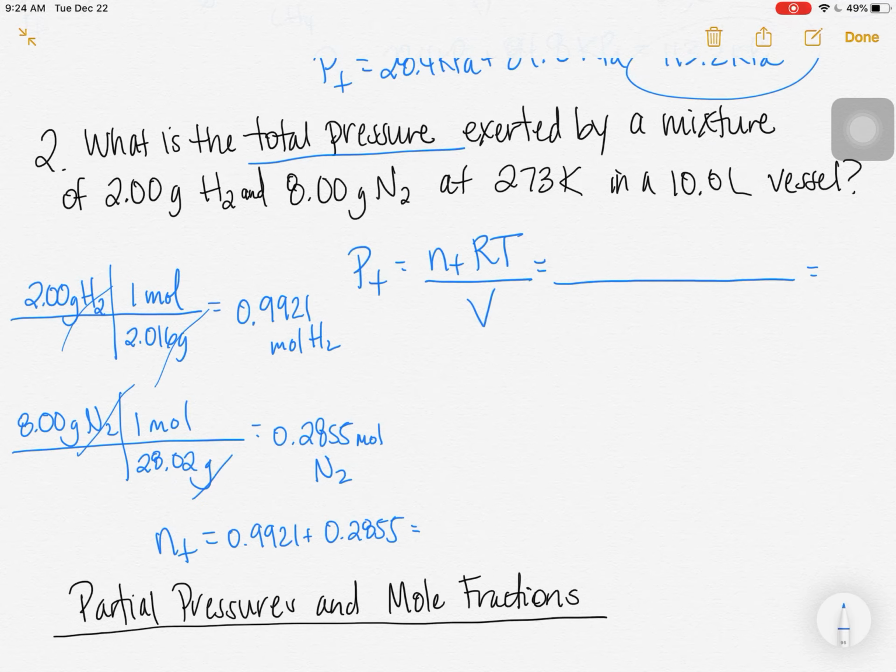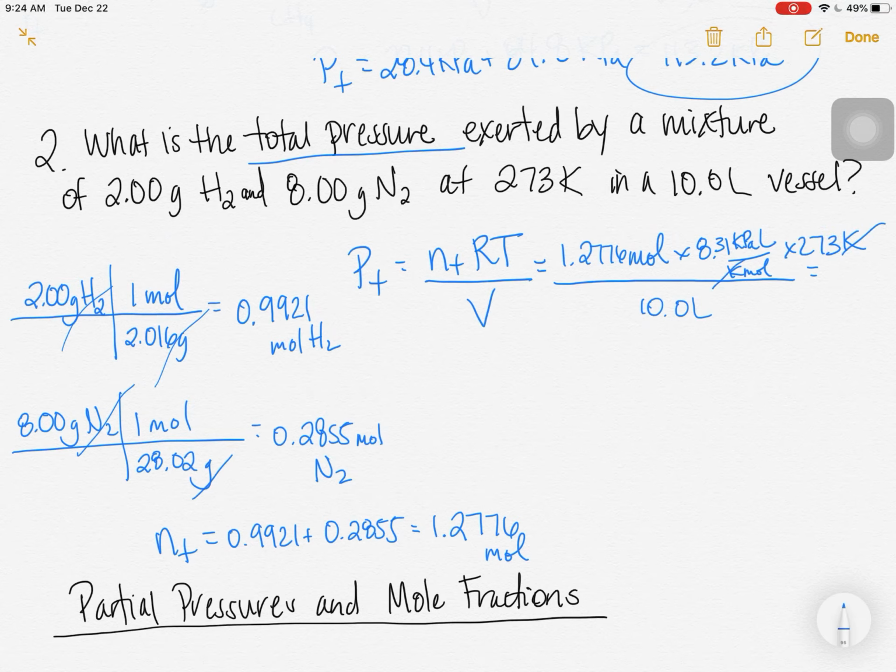It only asked for the total. So because it only asked for the total, I just added everything together. What was my volume? 10 liters. Again, up to you what unit you want to use, because it doesn't specify. So you can pick.